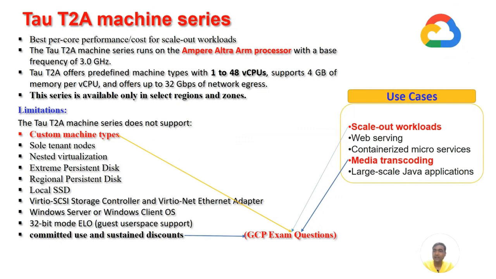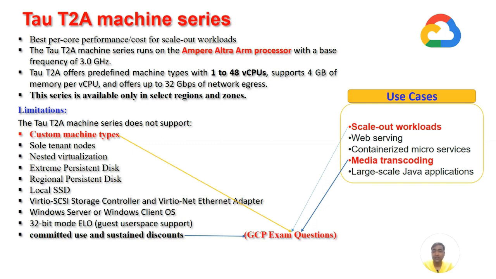Guys, similarly, the Tau T2A machine series. The Tau T2A machine series runs the Ampere Ultra ARM processor, as you can see here, and this series is available only in select regions and zones. Tau T2D and Tau T2A are both similar, guys, don't be confused, and it also has some limitations.